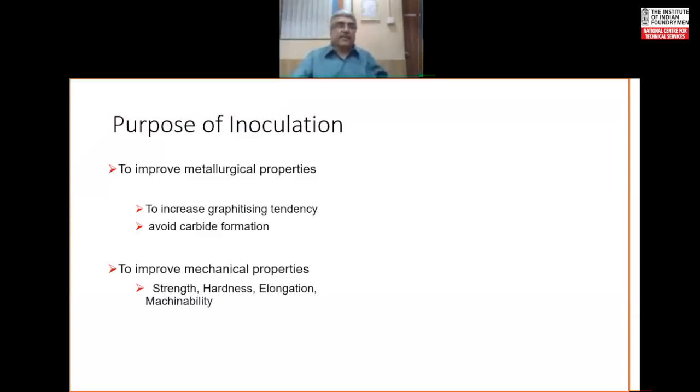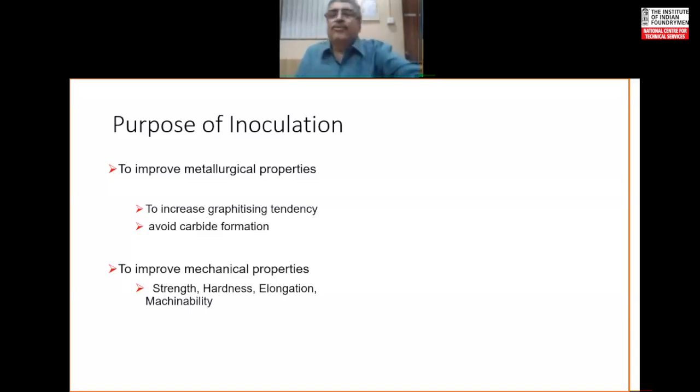That is the purpose. I'll repeat again. You use inoculation to ensure that the undercooling is minimized and an adequate number of nuclei are available in the melt on which our friend graphite can precipitate out of the liquid iron that we are handling.